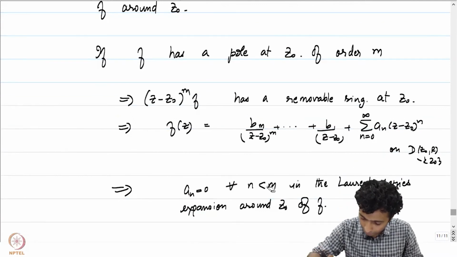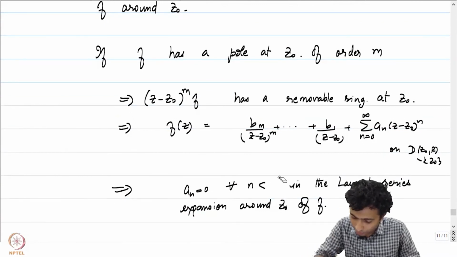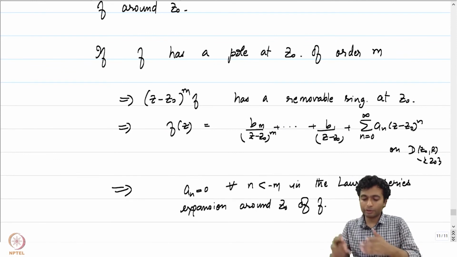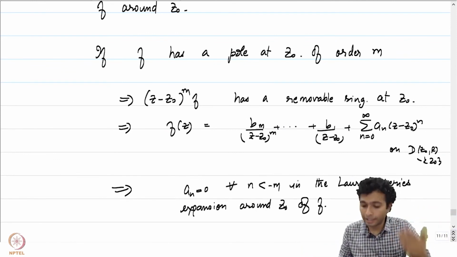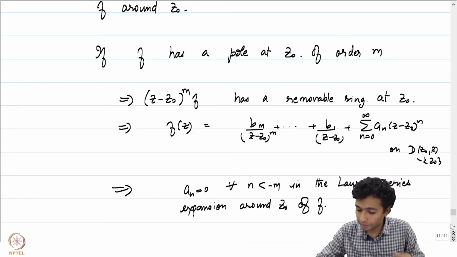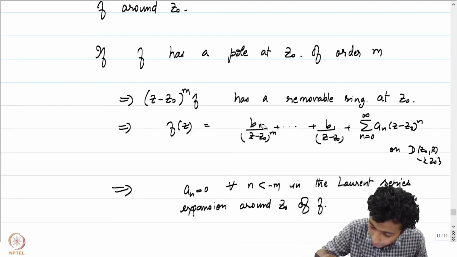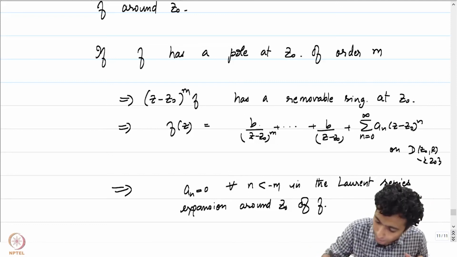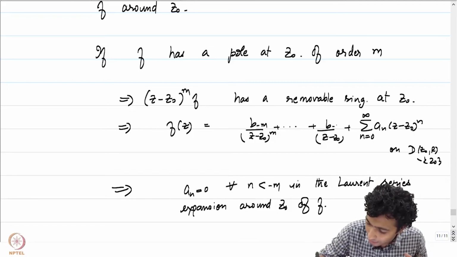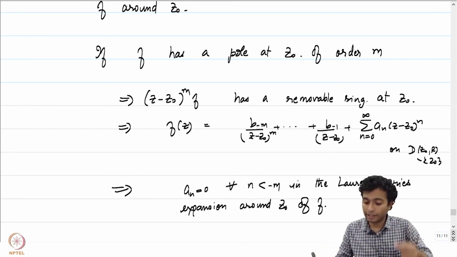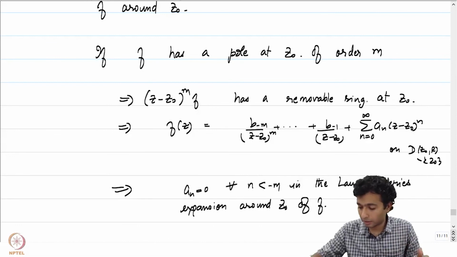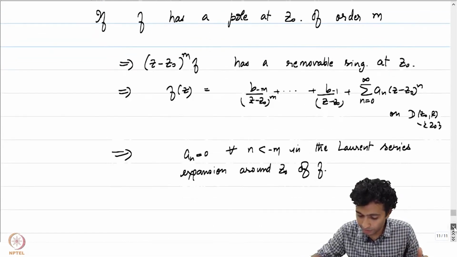I hope I have made the right choice. So, this is going to be minus m actually, because there were m terms which had the negative power. I will just write this so that the fact that negative powers are being considered is captured.